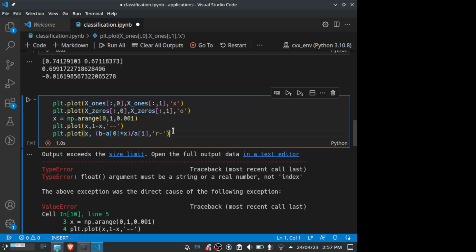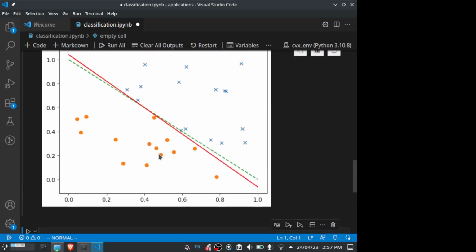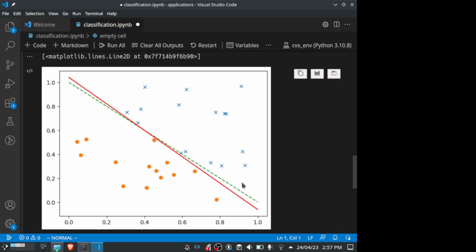So the dotted line is the true line that partitions the two sets, whereas when we solve the optimization problem, what we get is this red line over here. The two can be different, but that's fine.